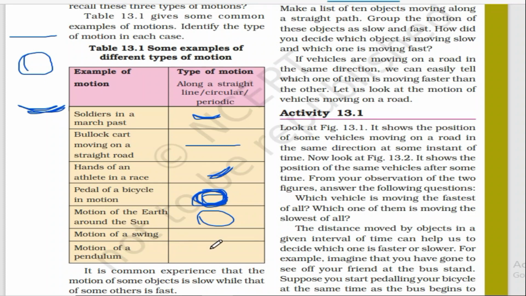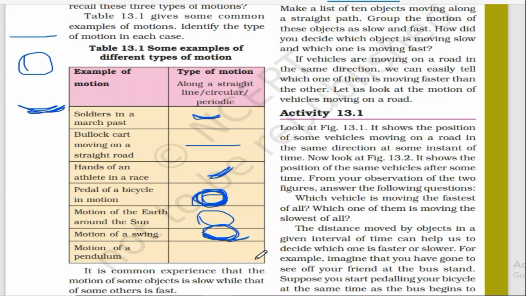And the motion of a string. I have sometimes seen a guy rotating it like this through 360 degrees, so that was circular motion. But in the normal way, basically it is periodic motion.